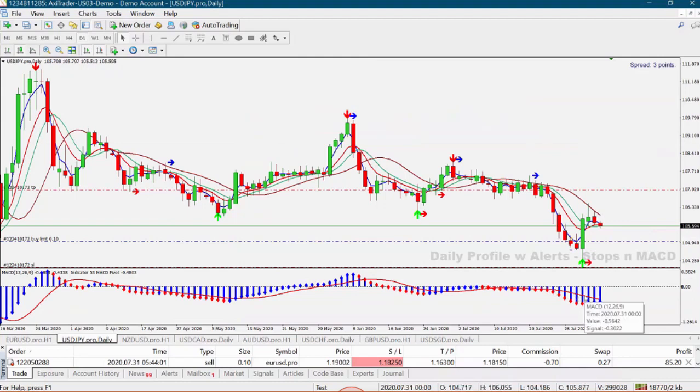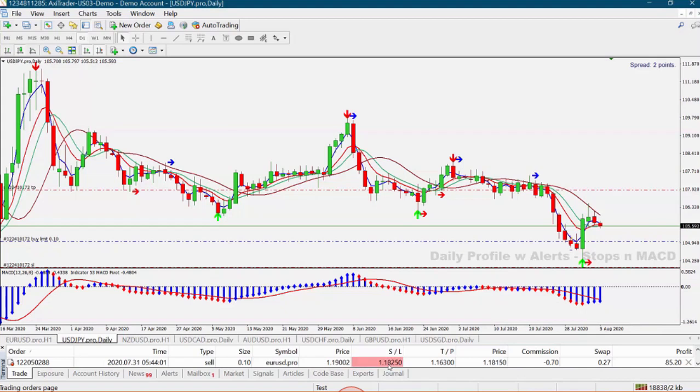My MACD says that we are negative, and that price is likely to continue down. However, we're losing that negative strength because we've got these blue diamonds on the MACD here. Now, the other thing that you see flashing here on the stop loss, this is the Euro USD.